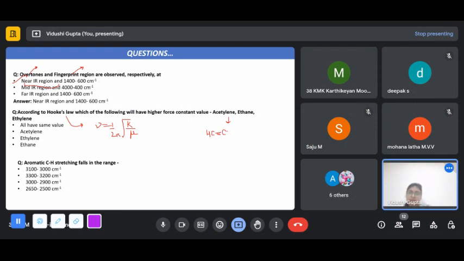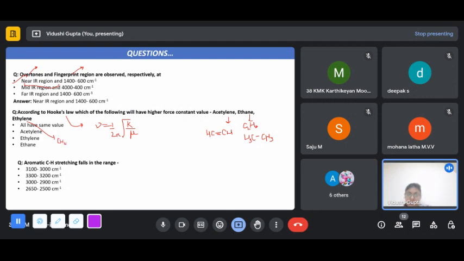Acetylene is a triple bond. Ethane is C2H6, with single bonds, CH3 CH3. This is ethane, while ethylene is CH2 double bond CH2.